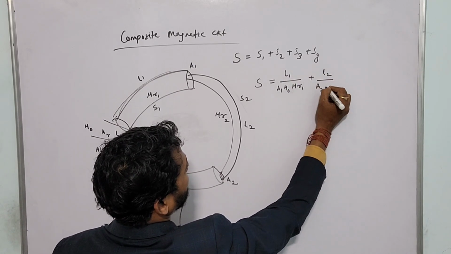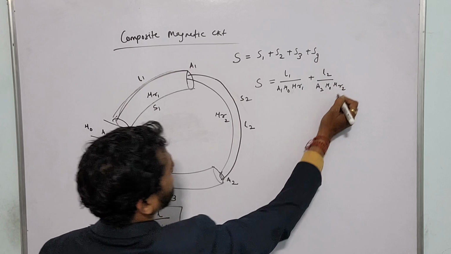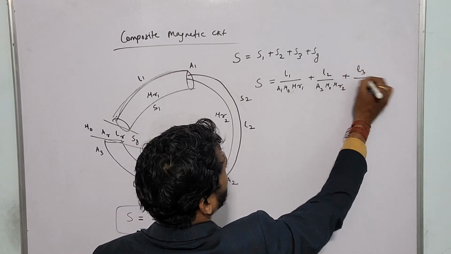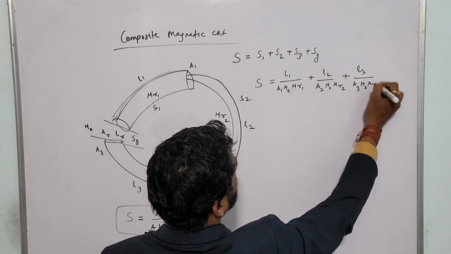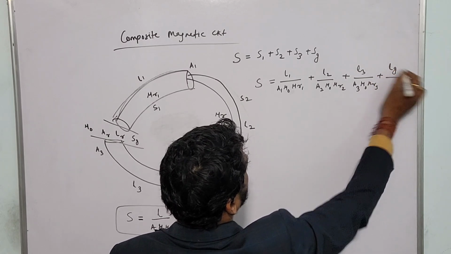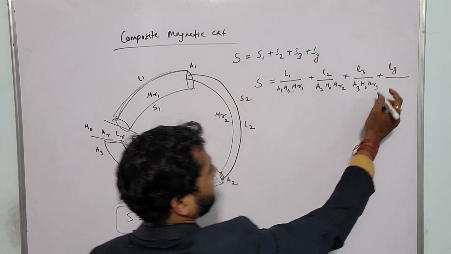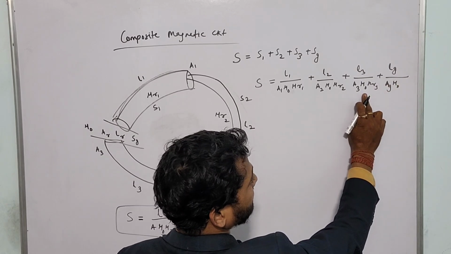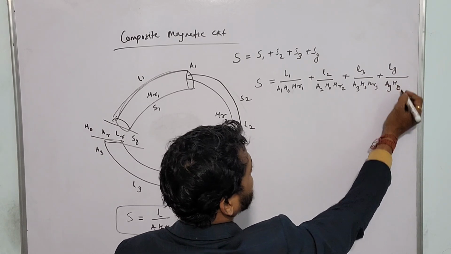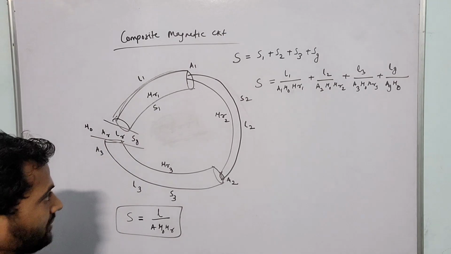L2 upon A2 mu naught mu R2 plus S3 क्या होगा? L3 upon A3 mu naught mu R3 plus Sg क्या होगा? Reluctance due to air gap, it is Lg upon Ag mu naught, only mu naught, right? ठीक है, ये हो गया टोटल रिलक्टेंस.